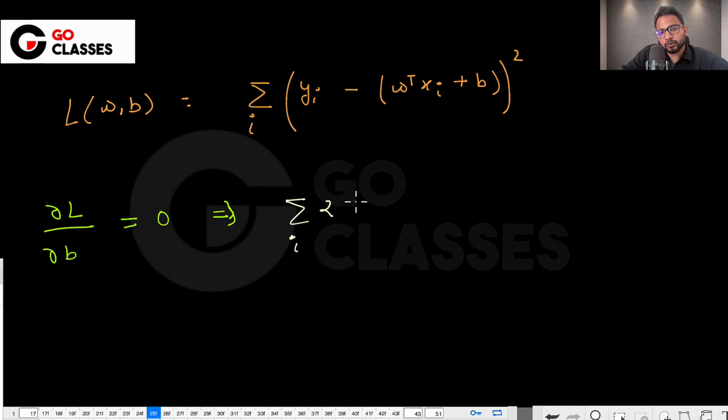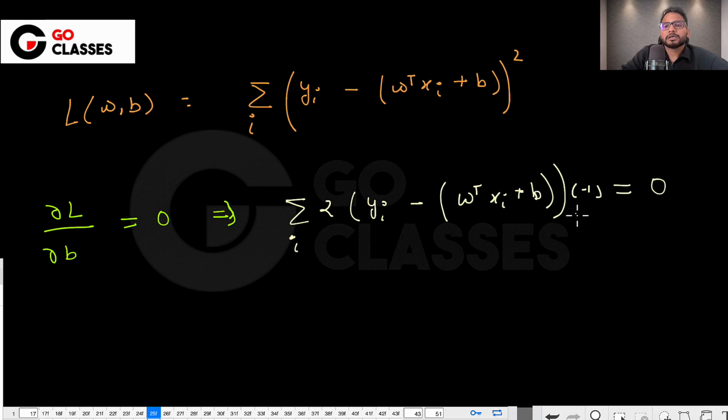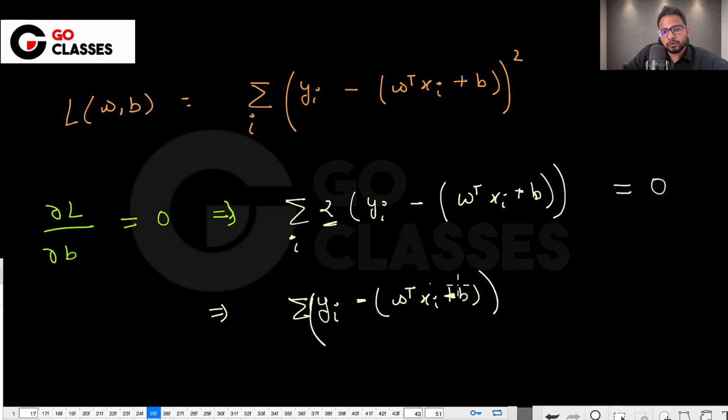So you write 2, then yi minus (W transpose xi plus B), and then the derivative of the inner term, which is -1 because B is multiplied by -1, but that doesn't matter. That -1 will go to 0 anyway, and the 2 will also go away. So you can write that the summation of yi minus (W transpose xi plus B) equals 0.